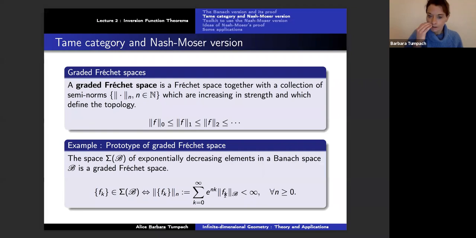So these are exponentially decreasing sequences in a Banach space B. This is a prototype of a graded Fréchet space.